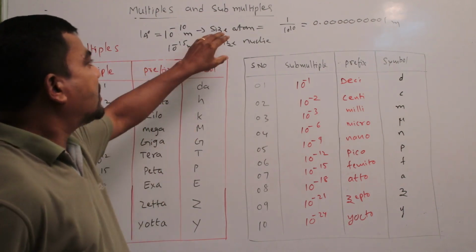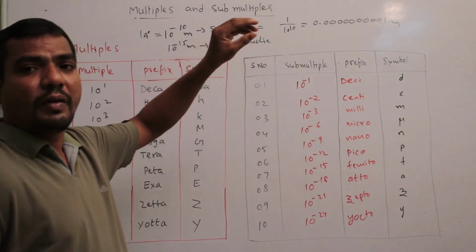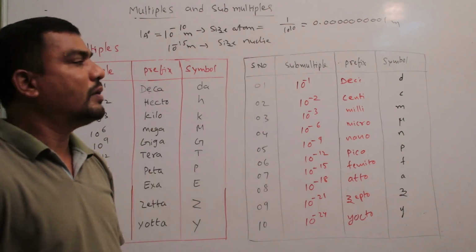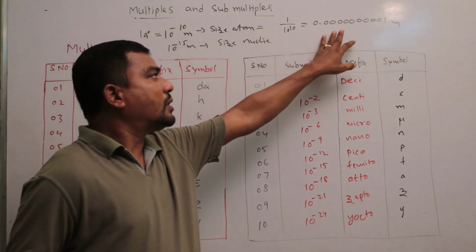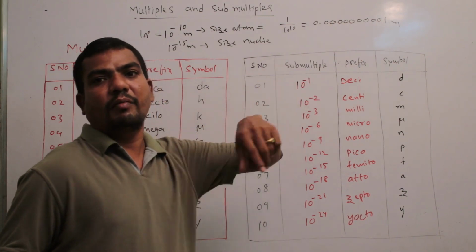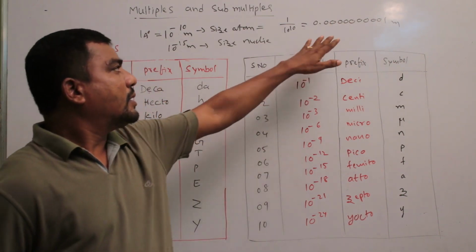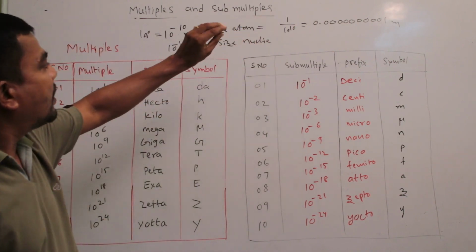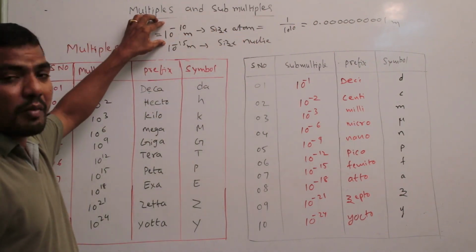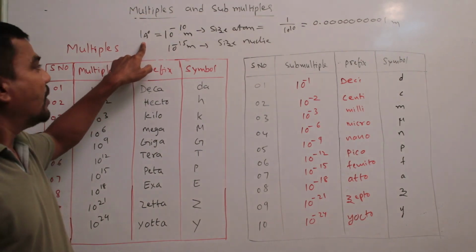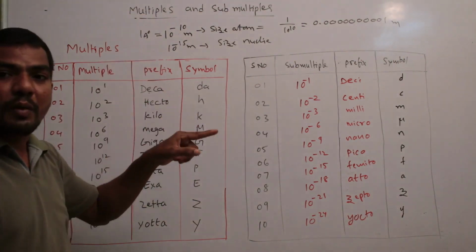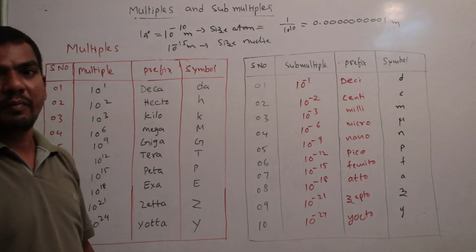But here the size of the atom is a very small value, 0.0000000001 meters. This number can be simply written as 10 power minus 10 meters, which is 1 angstrom. So angstrom is the submultiple.